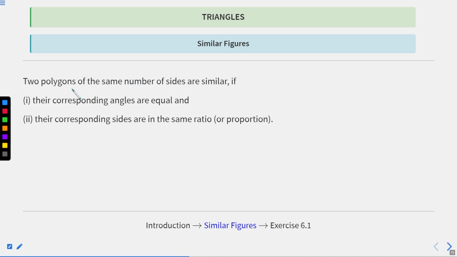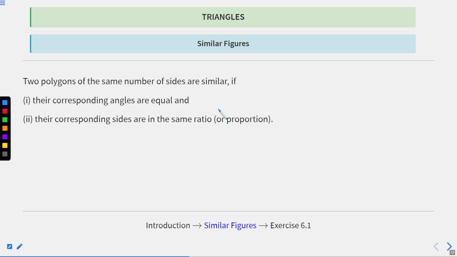That means two polygons of the same number of sides are similar if these two conditions hold: one, their corresponding angles are equal, and two, their corresponding sides are in the same ratio.